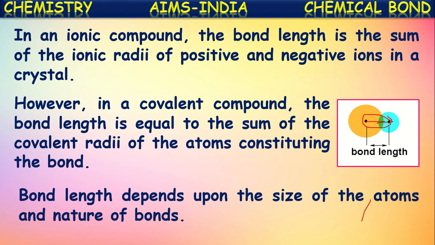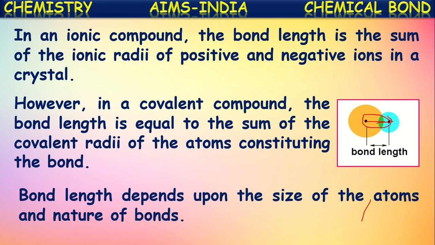In the same way, the nature of the atoms participating in the bond formation, or the nature of the bond, also affects the bond length, because in certain bonds the extent of approaching each other will be greater and hence the bond length decreases. If the bond is stronger, the atoms will be held closely together and hence the bond length is less.